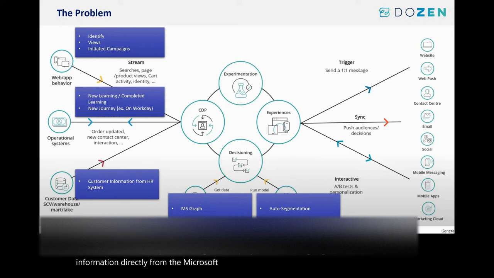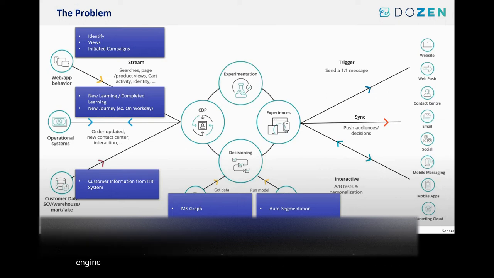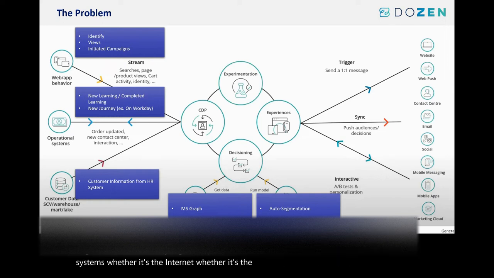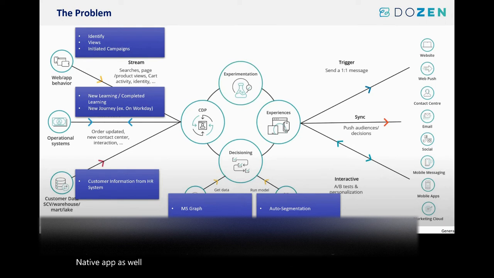We also have an auto segmentation AI engine that automatically segments people based on their behavior across the different systems, whether it's the intranet or the Microsoft Graph. And of course, we're able to push that to the website, to push notifications on their mobile through our native app, as well as email notifications through newsletters and so on that are personalized for each and every employee.